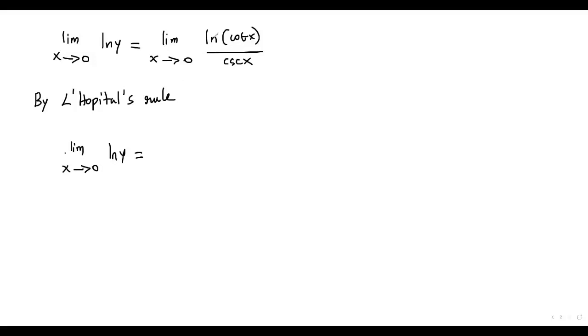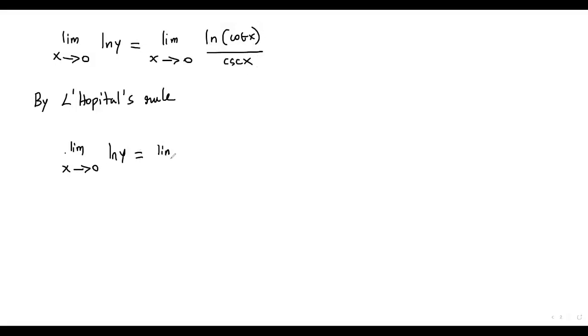Using L'Hopital's rule means we have to find the derivative of the numerator and denominator separately. In this function, we have variable in both numerator and denominator. Whenever we find the derivative of this kind of function, we would use the quotient rule, but when I use L'Hopital's rule, I'm not supposed to use the quotient rule. I have to find the derivative of the numerator and denominator separately.